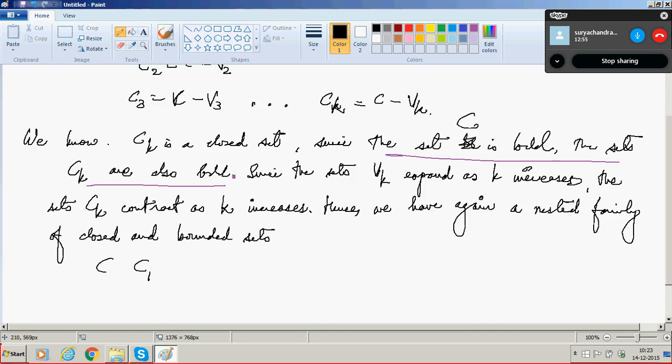C contains C1, contains C2, and so on and so forth, Ck, and so on and so forth.